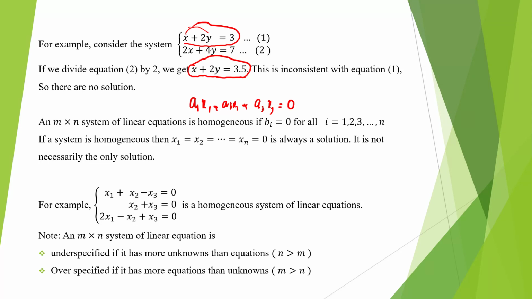A system is overspecified if it has more equations than unknowns. Underspecified means the equations are fewer than the unknowns. Overspecified means the unknowns are fewer than the equations.